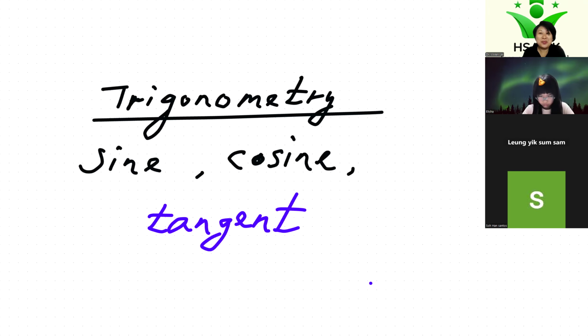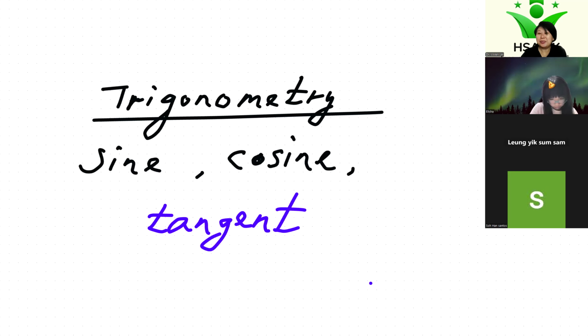Just give me a thumb or a heart, then I know you are done. So this is sine, cosine, tangents.